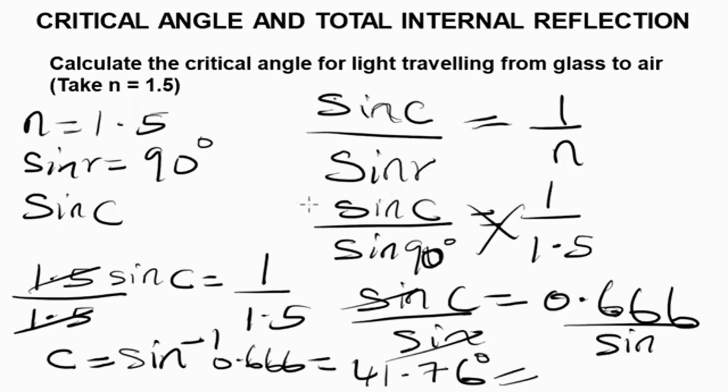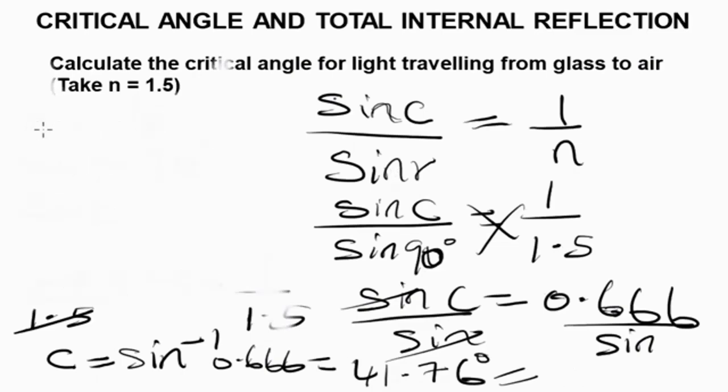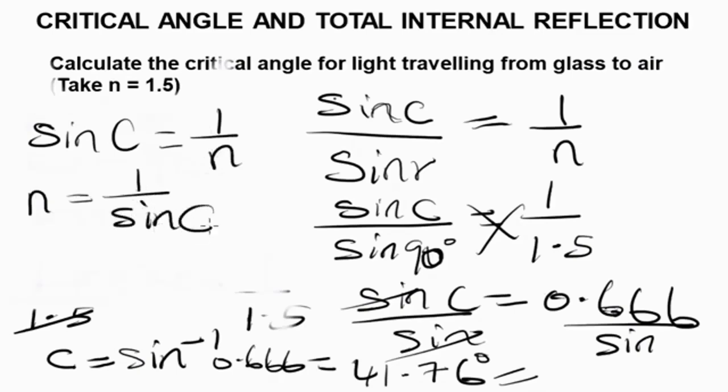Now the relationship between critical angle and refractive index, let me wipe some parts and show you. The relationship is that sine C, the sine of the critical angle, is the inverse of refractive index, or refractive index is the inverse of sine of the critical angle.